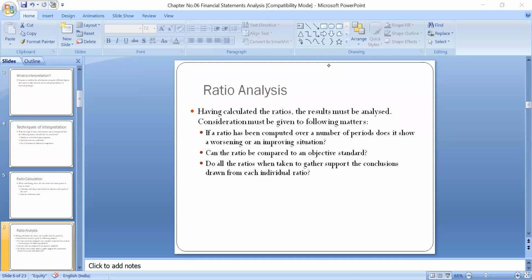Do all the ratios, when taken together, support the conclusions drawn from each individual ratio?